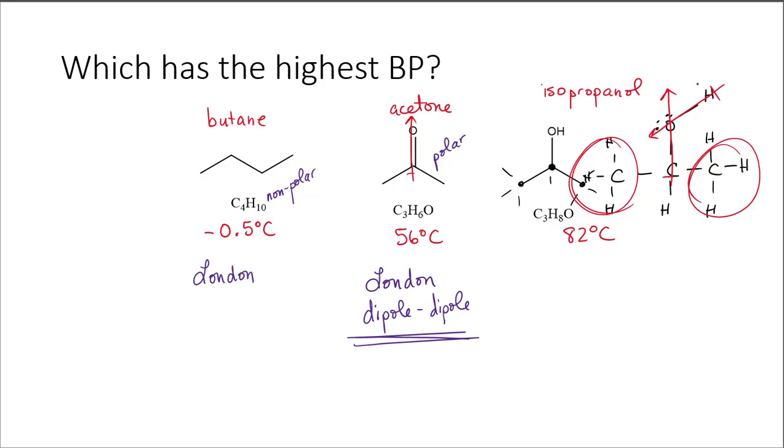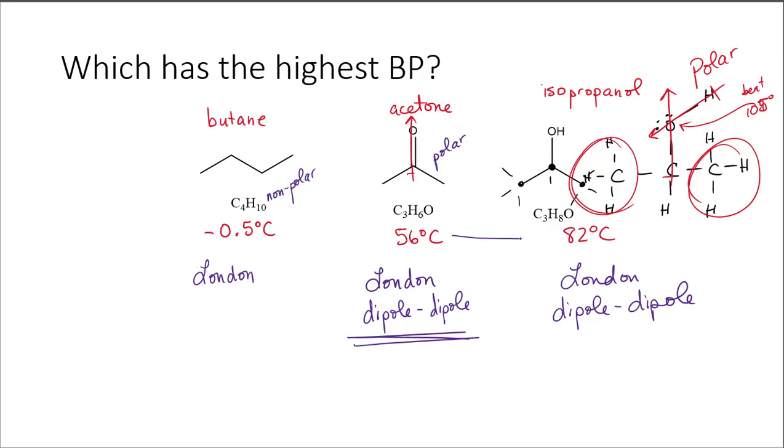But we have polar bonds, and those bonds don't cancel because that shape is bent and has a bond angle of 105 degrees. So this molecule's polar. We know it exhibits the London force because it's a molecule. We know it exhibits the dipole-dipole force because it's a polar molecule.